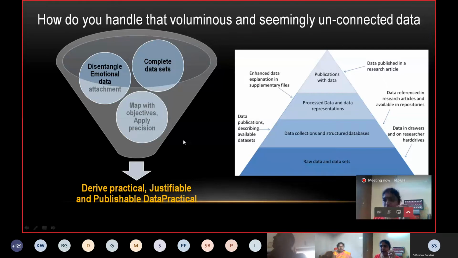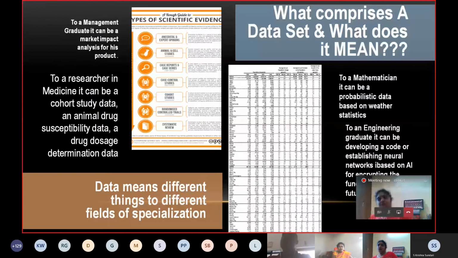Whatever data you derive at the end of all of this is the data which is going to be useful for you. So you have to be very careful about what data should go into a paper and what data should not go into your paper. Now, then again, what comprises a data set, or what does a data set mean?